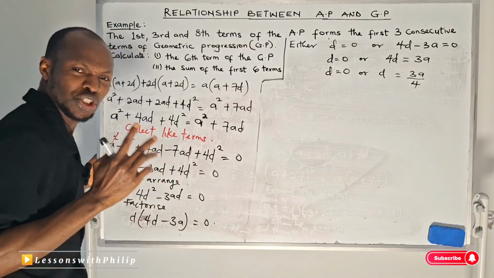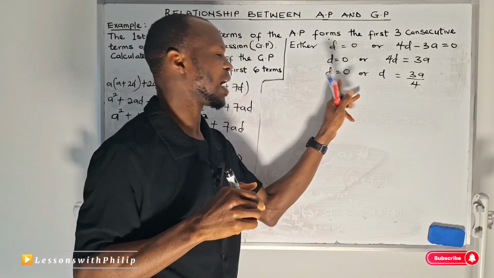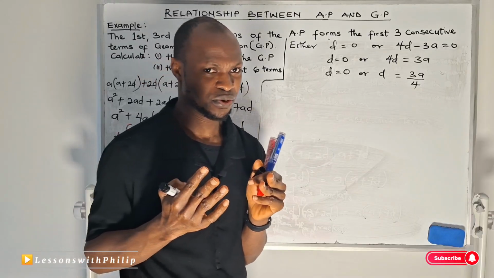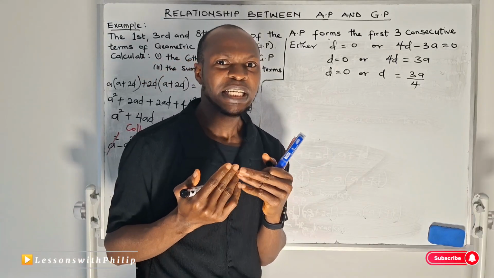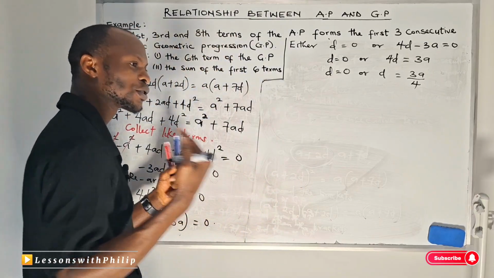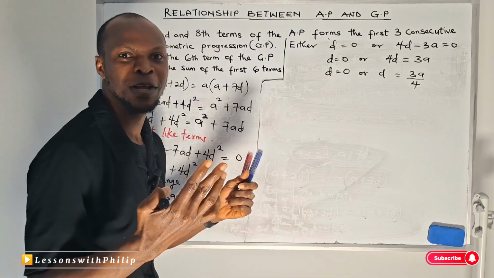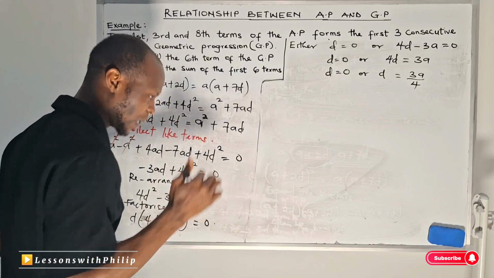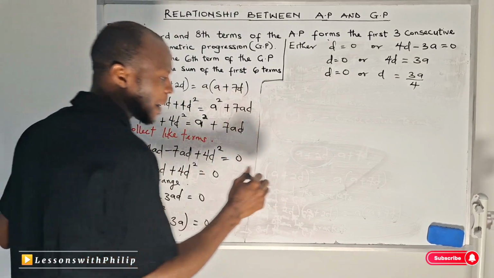Now, did you know that we can disregard D to be 0? Your common difference cannot be 0. If your common difference is 0, that shows that your terms will definitely be the same. Somebody may say, what do you mean? Okay, now let's go back to the formula.